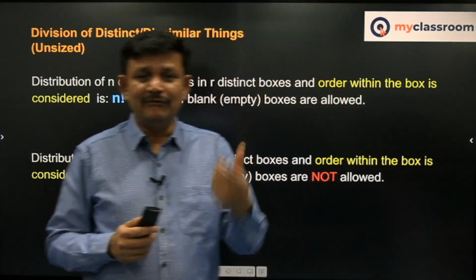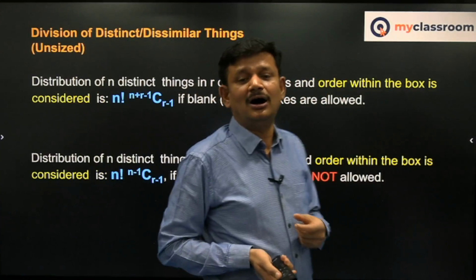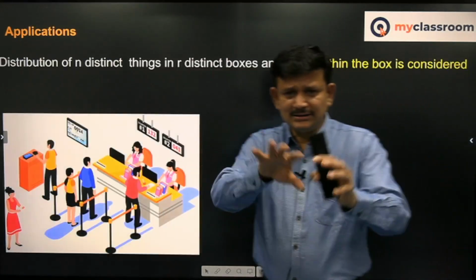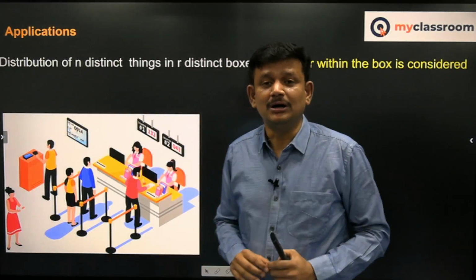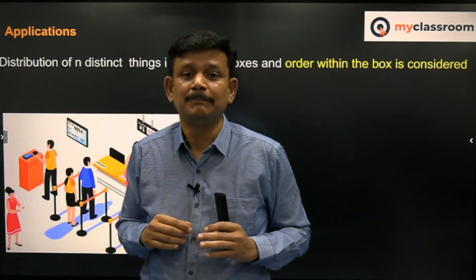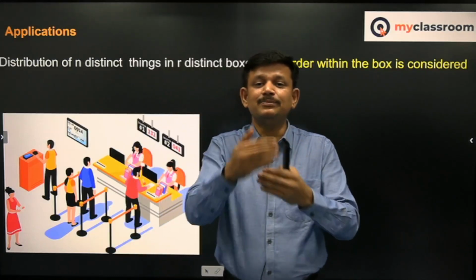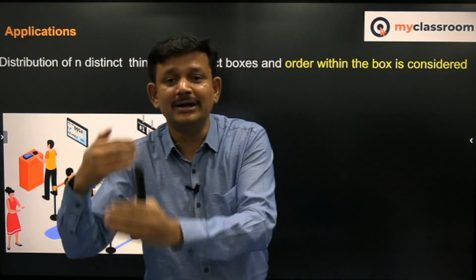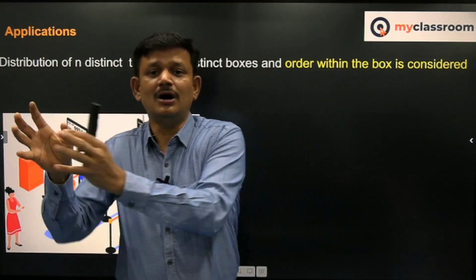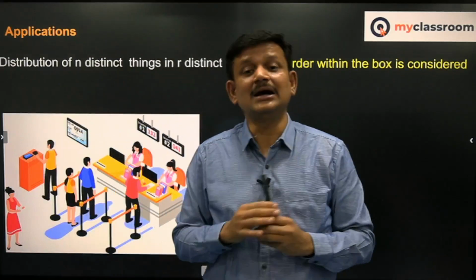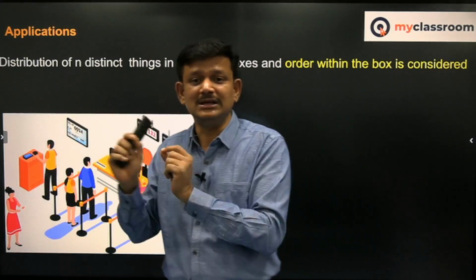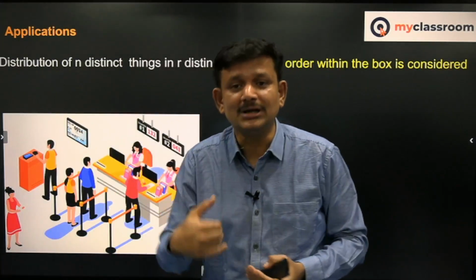Now let us see when this will be important, that the order within the group is also important. Let's say there are 3 queues before a cinema hall and 100 people are standing before these queues. Now it also becomes important in which order they are standing in the queue. So the first decision you have to make is how many people are standing before each queue. That you can do in 100 plus 3 minus 1 C 3 minus 1 ways if empty groups are allowed.